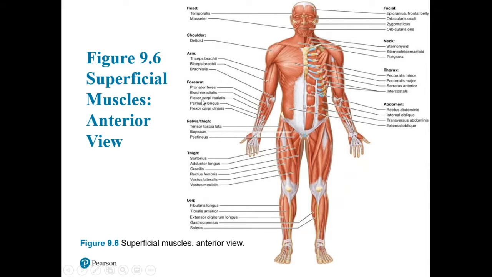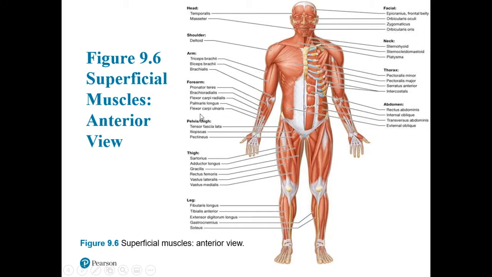So flexor carpi radialis originates on the radius, and then it inserts onto the carpal bones of your wrist in order to flex that wrist. The reason why you're able to flex it, and grab for that matter, so it allows you to grab stuff, is because of the action of all these muscles, but mostly the flexor carpi.